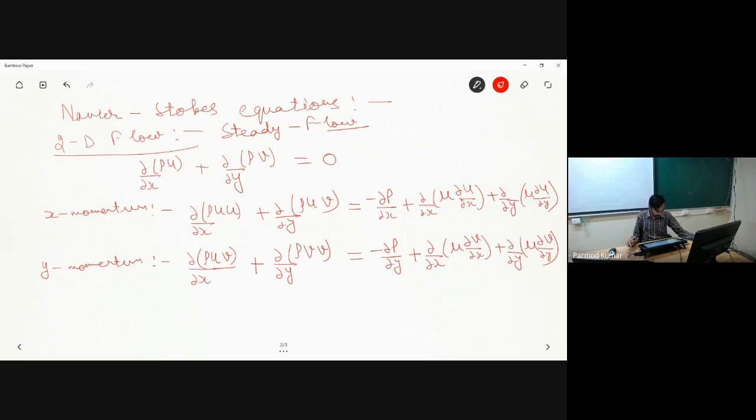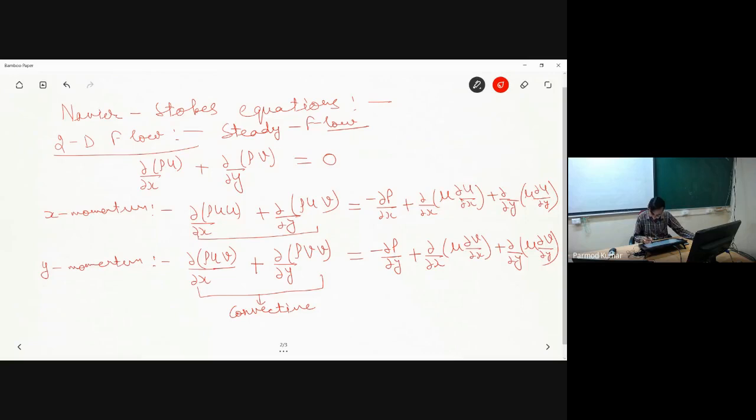So what we are having, you can see over here in these Navier-Stokes equations, this particular term on the left hand side is nothing but represents the convective part.